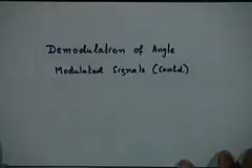We were looking at the demodulation of angle modulated signals. We had discussed several ways of doing this, and we were now trying to develop a mathematical model for the balanced discriminators that we talked about earlier.